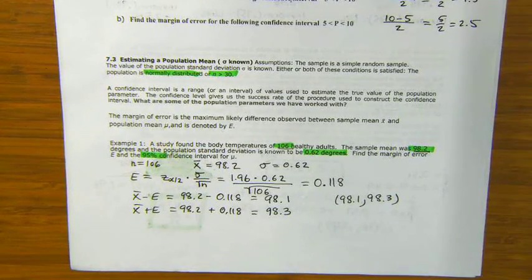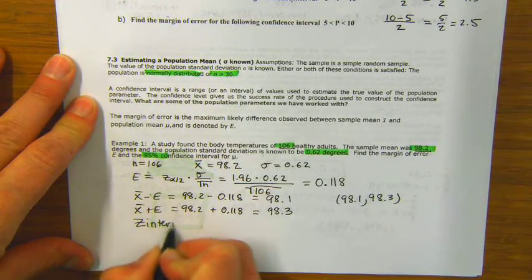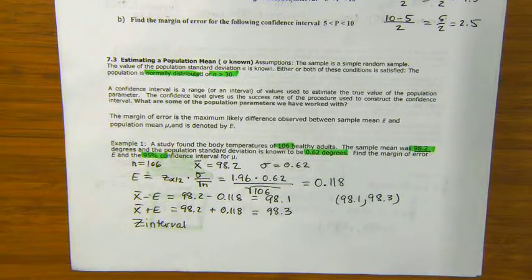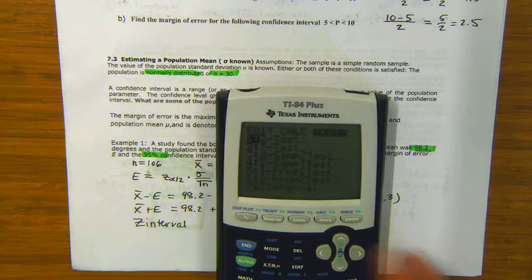Now to look at our shortcut, it said on the formula sheet that we're using the z interval. So let's just compare how fast it is. Go to stat, then tests, and then go to z interval, which is number 7.